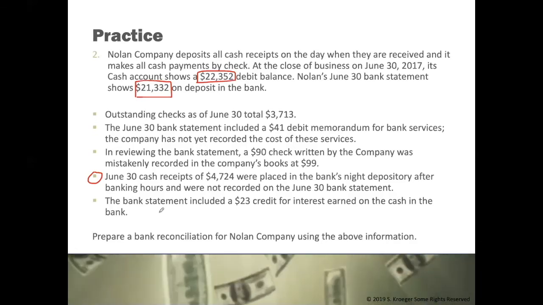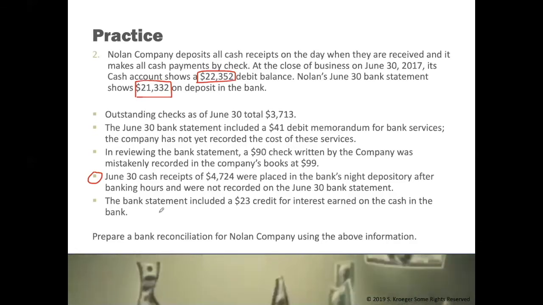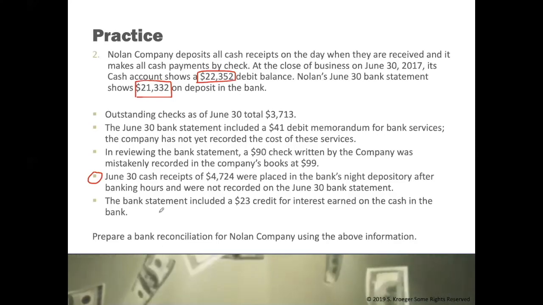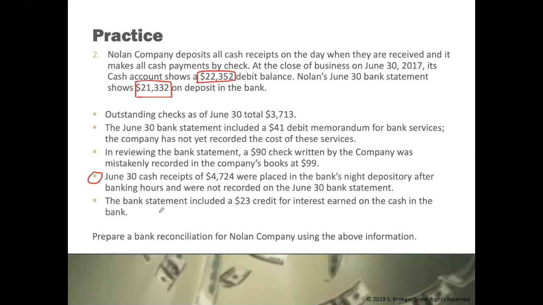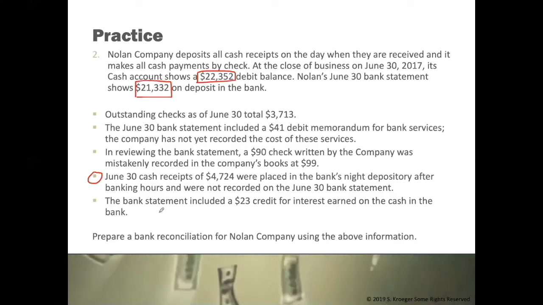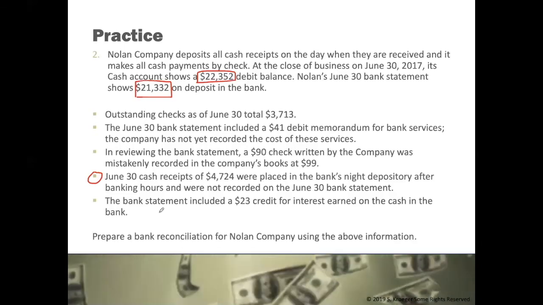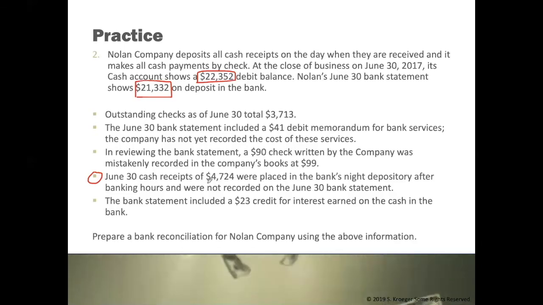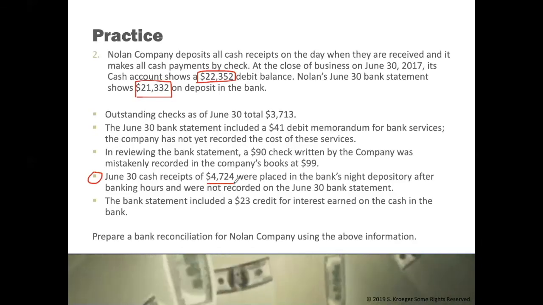What happened here is we made a deposit at the bank, we updated our records, but the bank hasn't gotten it yet, but they will, and it will be added to the bank balance. Therefore, we need to put this in. We're going to add the $47.24 to the bank side.